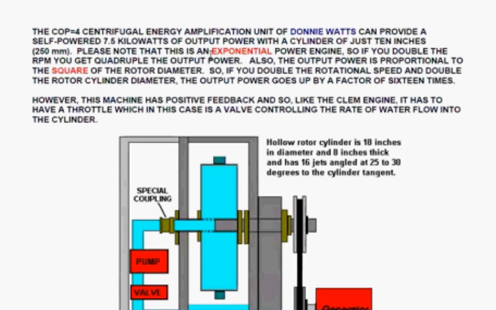So if you double the revs per minute, you get 4 times the output power. Also, the output power is proportional to the square of the rotor diameter. So if you double the rotational speed and double the rotor cylinder diameter, the output power goes up by a factor of 16 times.